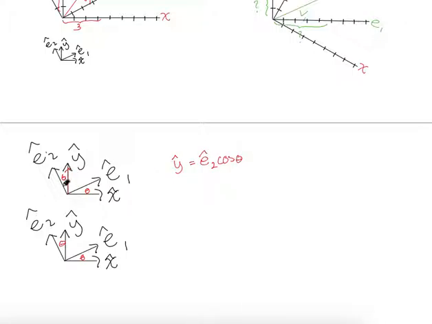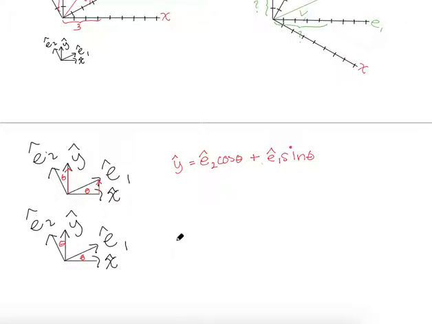This part of E2 is in the y hat direction, and you add this guy, E1 hat sine theta. This part of E1 is in the y hat direction. So this is their relationship. When I said linear combination, this is what I mean. It's like a combination of E1 and E2 can add up to y hat.